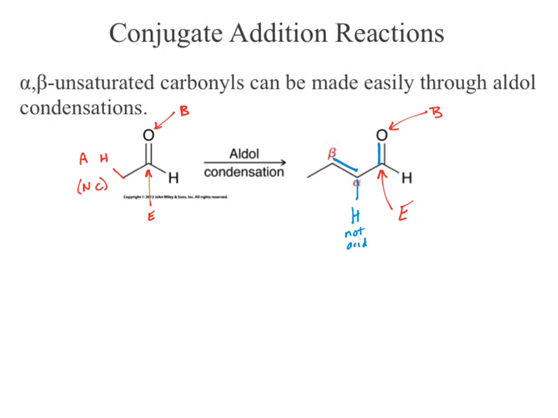Why not? If we look at our structure, we have a resonance overlap of the pi bonds with each other. If we pull the hydrogen off, for it to be pulled off, it must be resonance stabilized. If we pull that hydrogen off so that it can then do resonance, the only way it would be able to do resonance is with our carbonyl. But as soon as we attempt to do that, what happens? We rotate the pi system, our double bond, out of resonance.